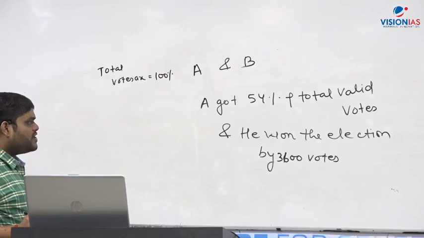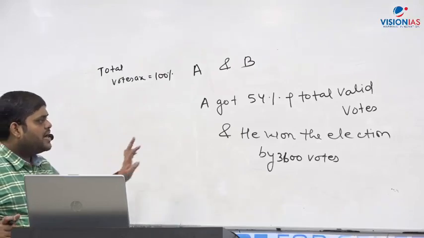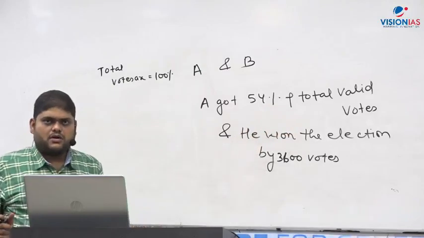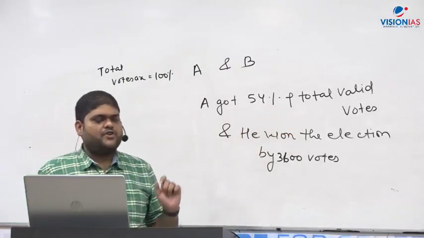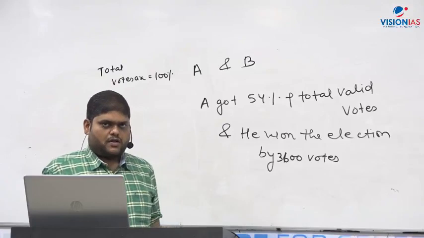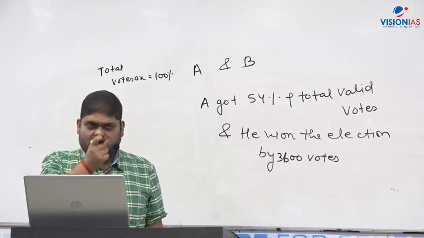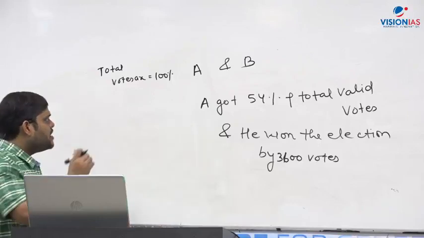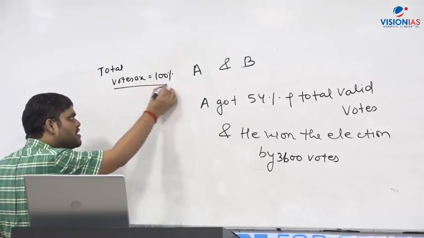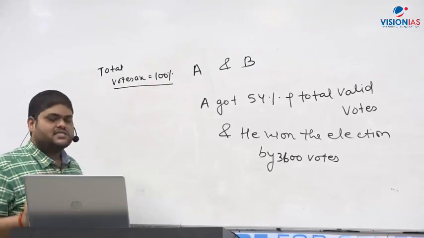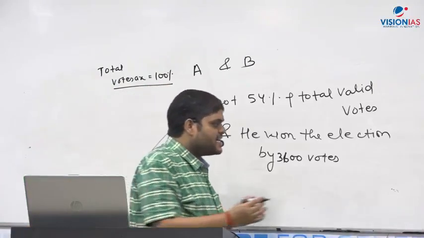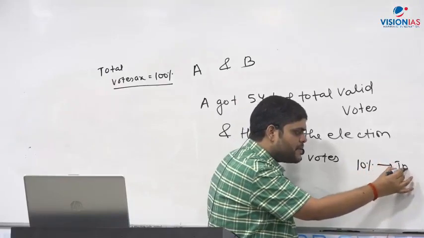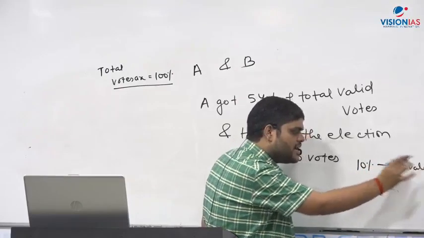Okay. Now he is telling that he got 54% of total valid vote. What does this mean? And in the last it was given that 10% of the votes are invalid.